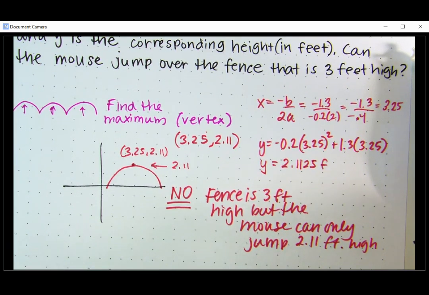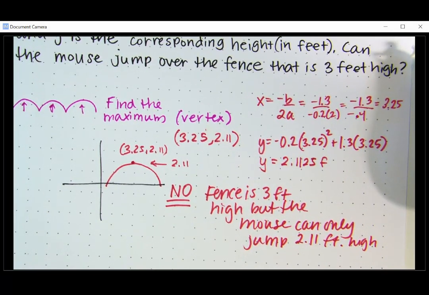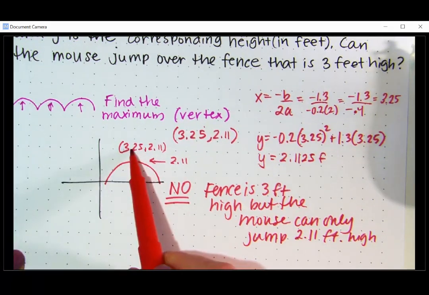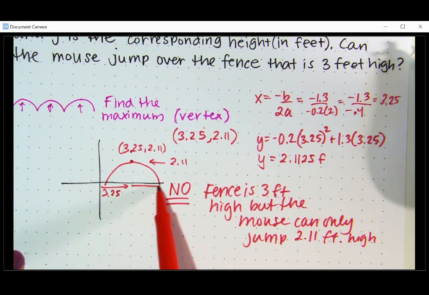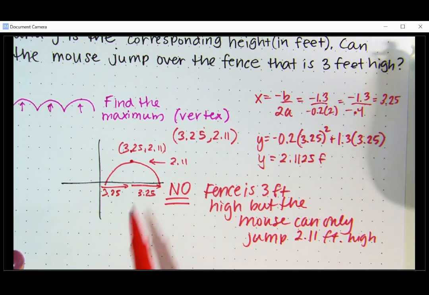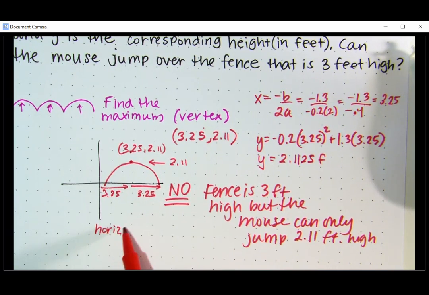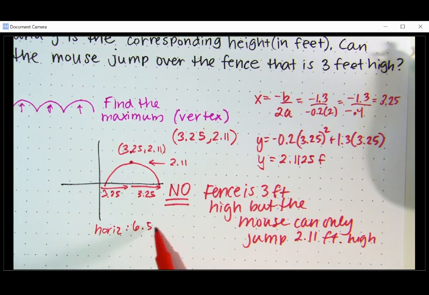Now you could also see, how far horizontally does the mouse jump? If we think about that, my x is 3.25. So horizontally, the mouse travels 6.5 feet.